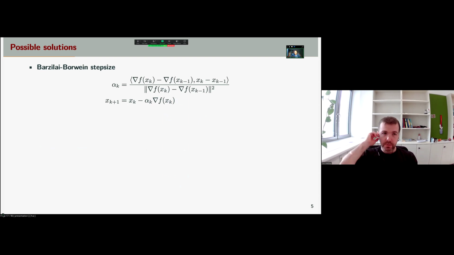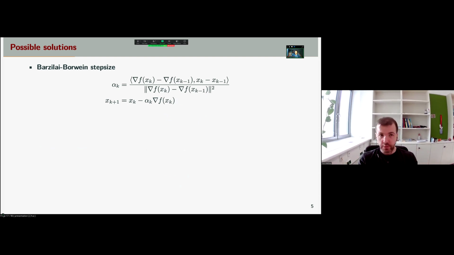There is a famous Barzilai-Borwein step size, where this alpha_k is something with gradients, x_k, some inner products. It's not clear why, but the motivation was to approximate a Newton step or a quasi-Newton step.